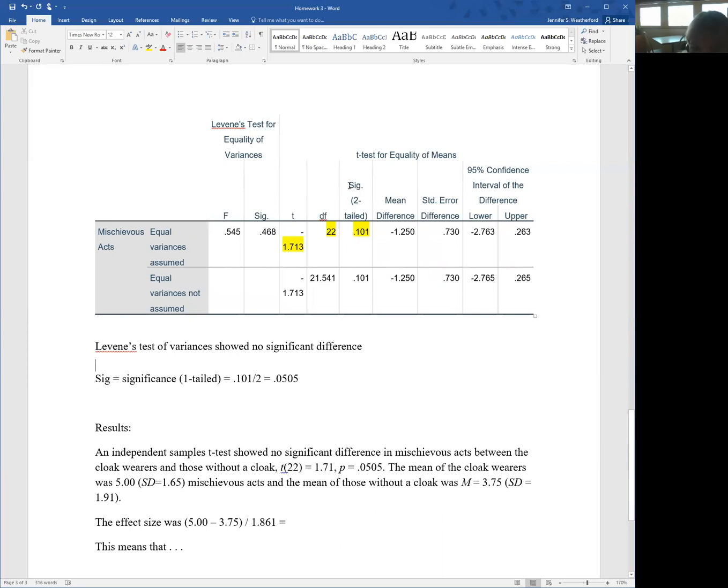That stands for significance, and the p-value tells us about the significance. What it's telling us is what's the probability that the null hypothesis is true. And it's telling us there's about a 10% chance that the null hypothesis is true. Okay, there's a 10.1% probability.